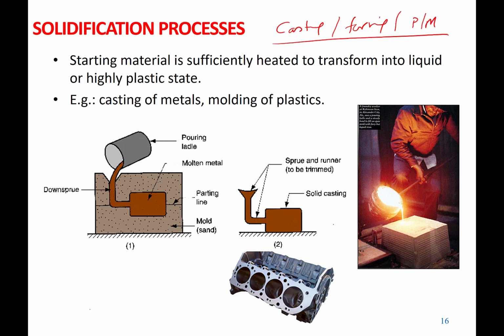Primary forming means the raw material will be shaped very close to the desired final shape, but it is not exact, because these processes may not be capable of that. So for final sizing, finishing, and shaping, secondary processing will be needed after primary processing, which is mostly in the form of machining.